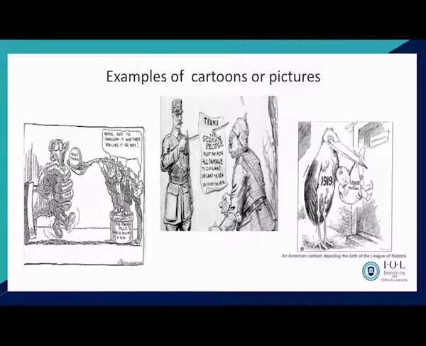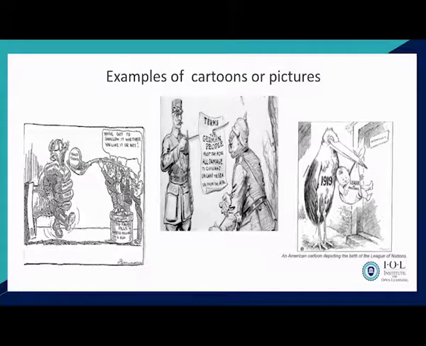In history, we also like to use what we call pictures and cartoons. I'm sure that you are familiar with this by now, especially in the assignments or from previous exam papers. You will notice that pictures or cartoons are used in history. In most cases, it looks funny, but it actually describes a certain event that took place in history.